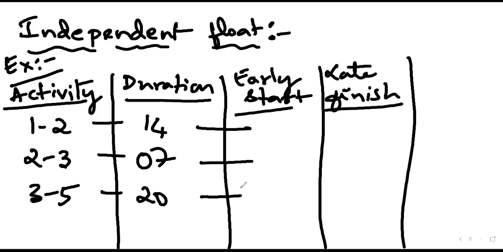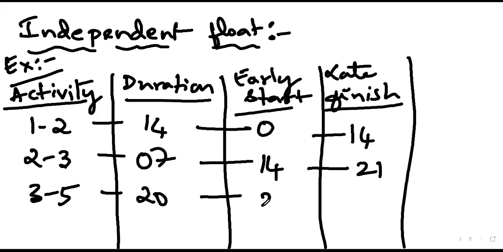Early start: 0, 14, 14, 21, 21. That's right. 21, 41, and 41.